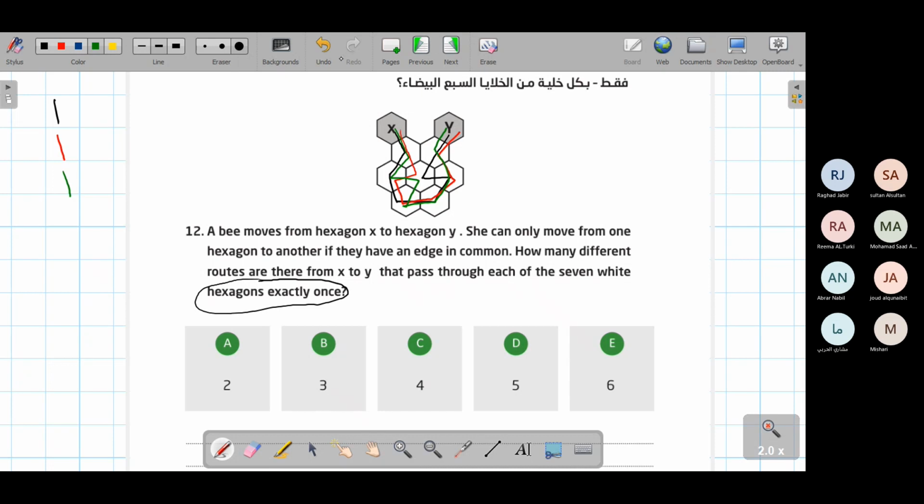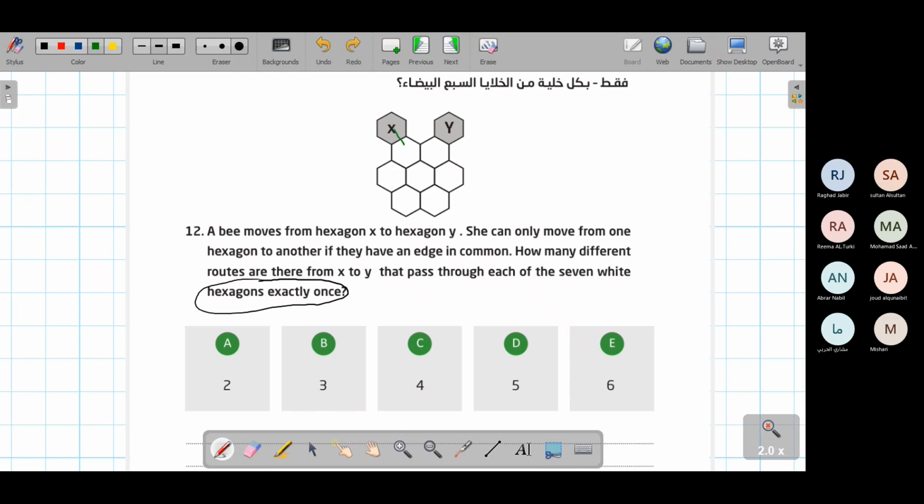So again, I will give you this exercise as homework, and I need to know exactly how many times we can pass from X to Y. Again, let me explain. If I move, for example, here, this is the first hexagon. I move to the second, to the third. This one, that one, this one. I cannot move here because I already passed through this hexagon.